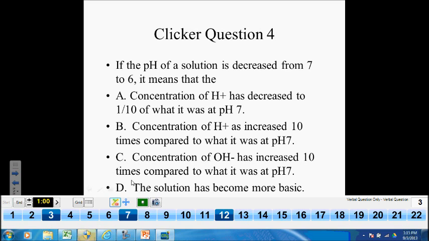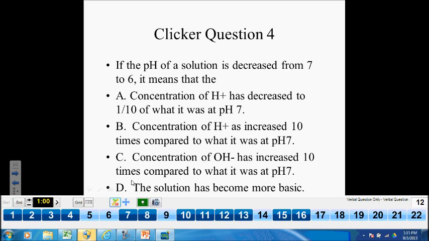D just says the solution has become more basic. All right, is that everybody? What's the answer? B.